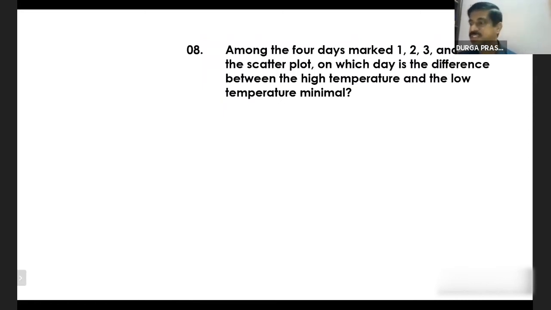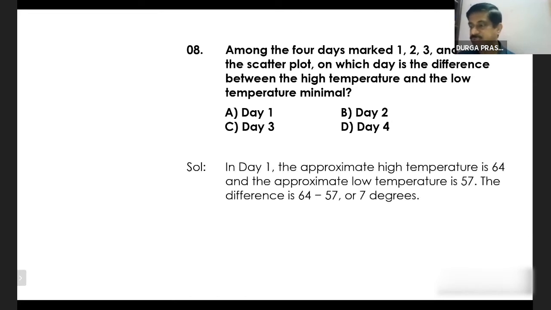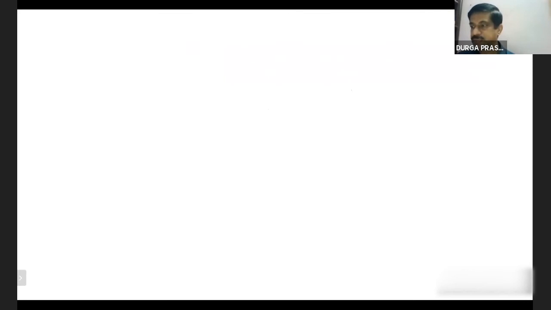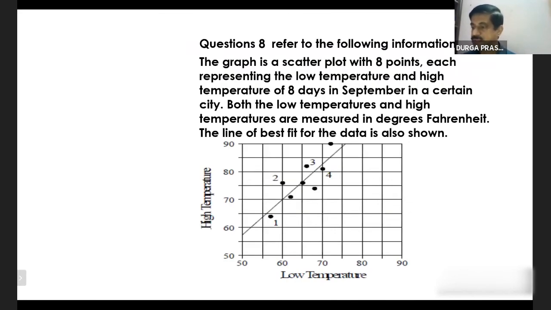What is the question? Among the 4 days marked 1, 2, 3, and 4 in the scatter plot, on which day is the difference between the high temperature and the low temperature minimal? So day 1, day 2, day 3, day 4. So let us go back to the graph.